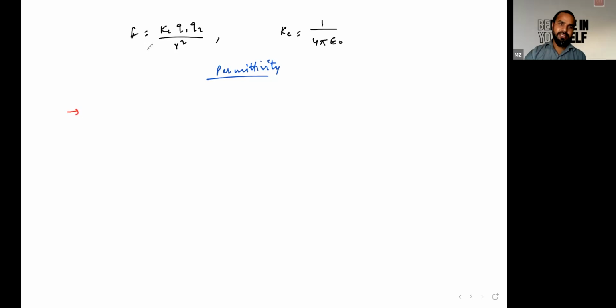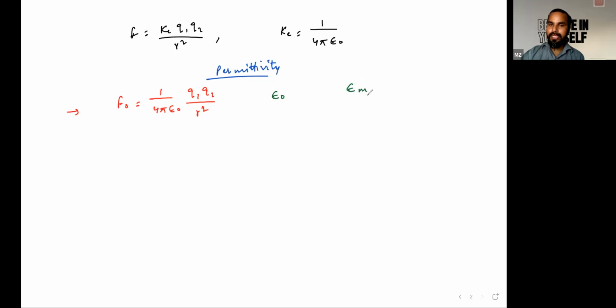Let's say, first case, since it is in vacuum, it will be F naught, which is equal to 1 by 4 pi epsilon naught, Q1 Q2 over R square. So we have permittivity as three different types. First, absolute permittivity or permittivity of vacuum.